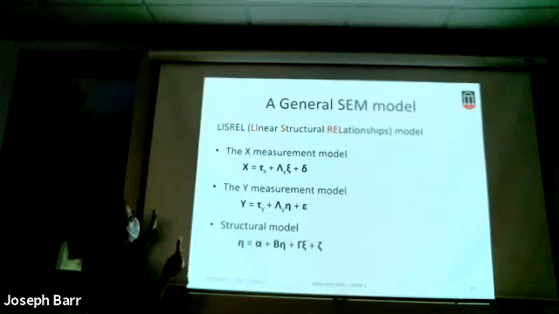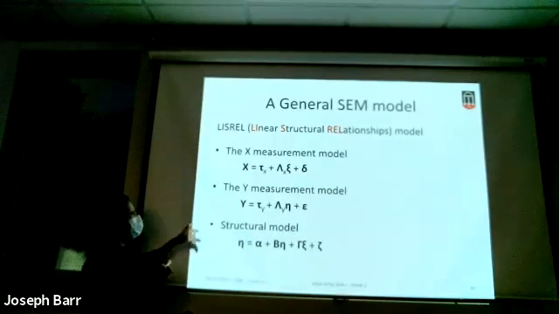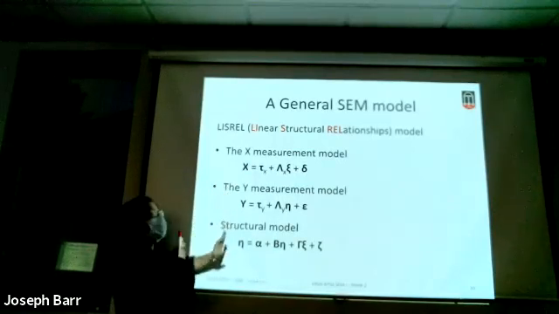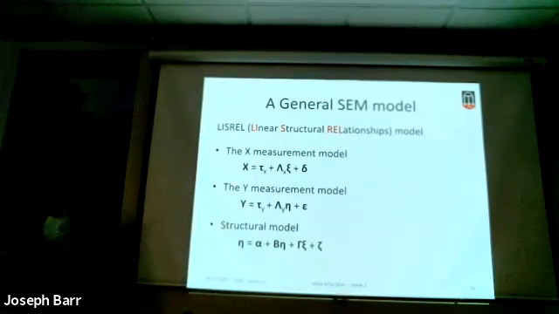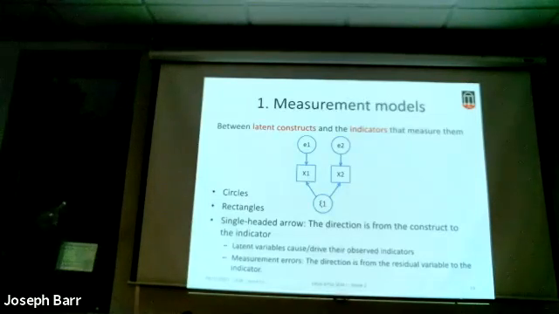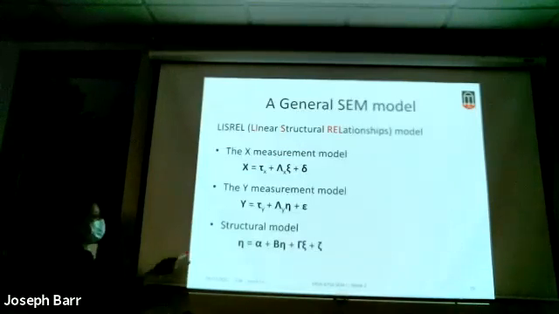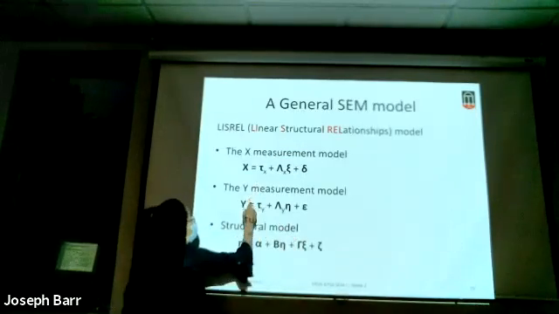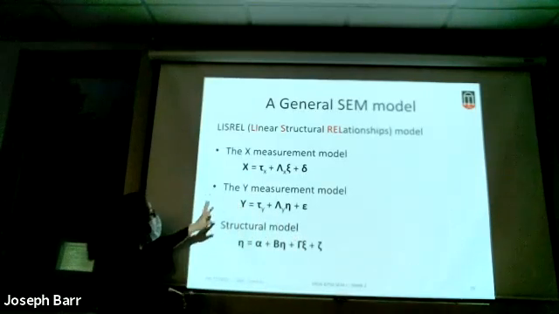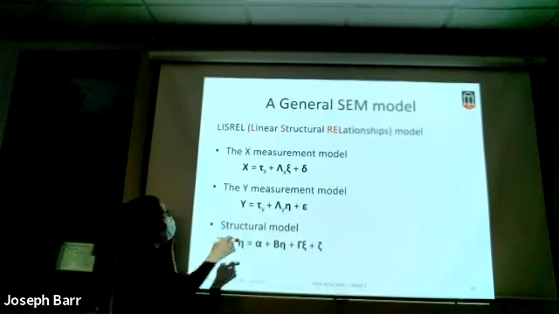So let's look at this model, including three equations. Two of them are measurement models, just like here. One is the structural model, this one. So why two measurement models? We divided it into exogenous variables and endogenous variables.